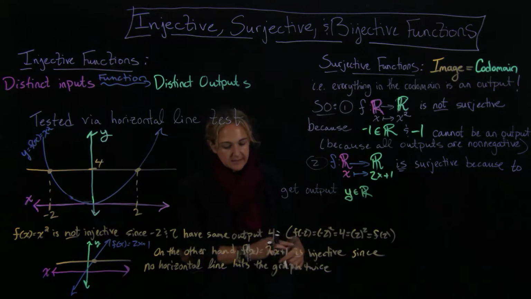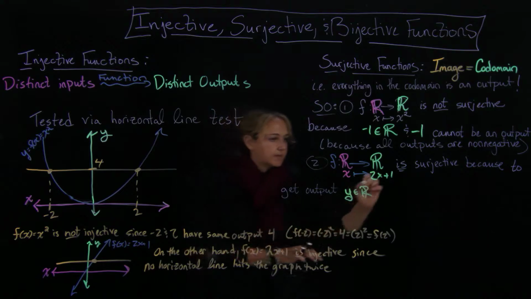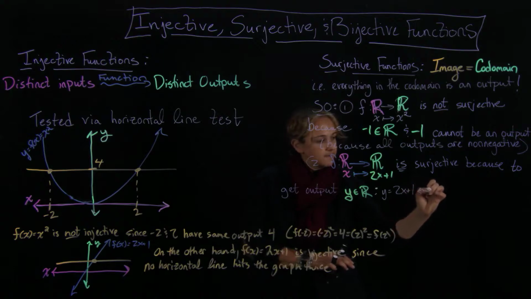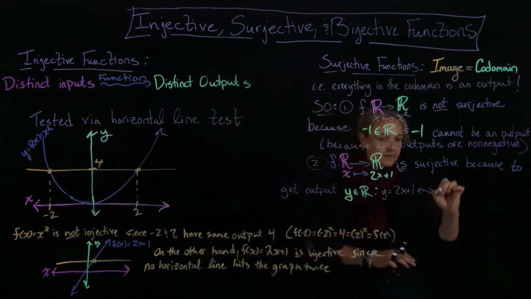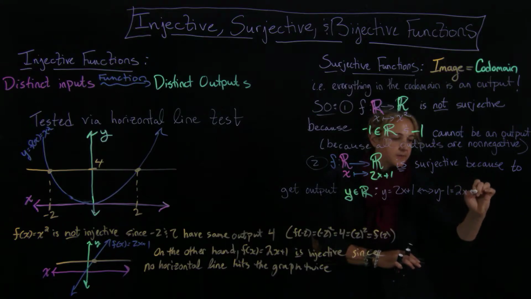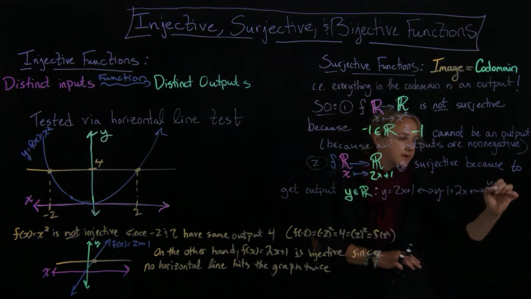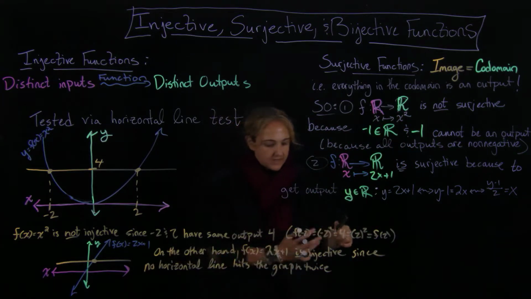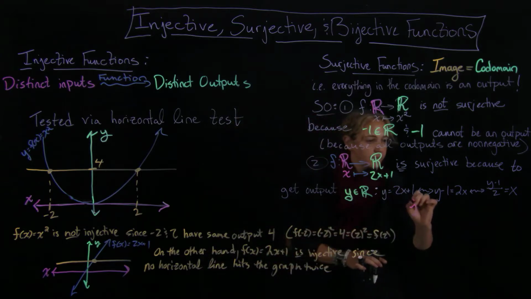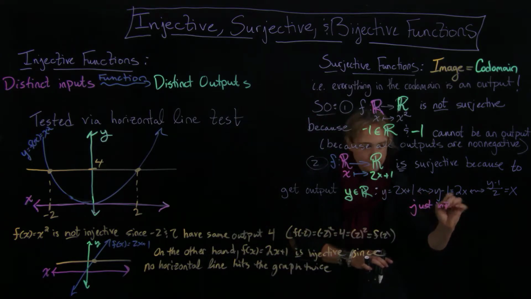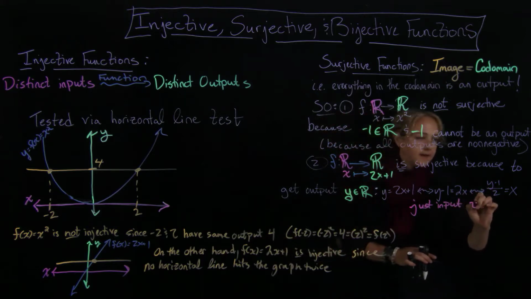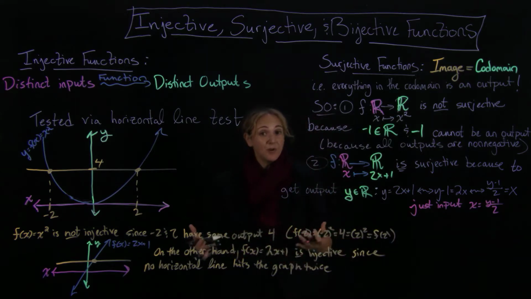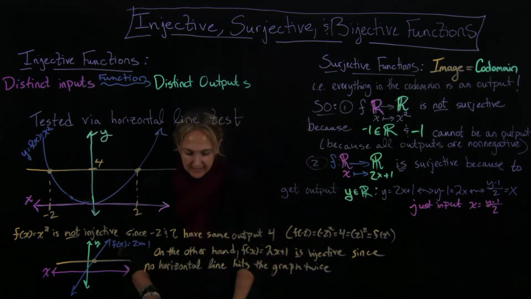Let's just solve. y equals 2x plus 1 happens precisely when y minus 1 equals 2x, which happens precisely when (y minus 1) divided by 2 equals x. So we just input x equals (y minus 1) over 2, and then we would get this output y. No matter what the output is, we know how to get the input. So that tells us it's surjective.